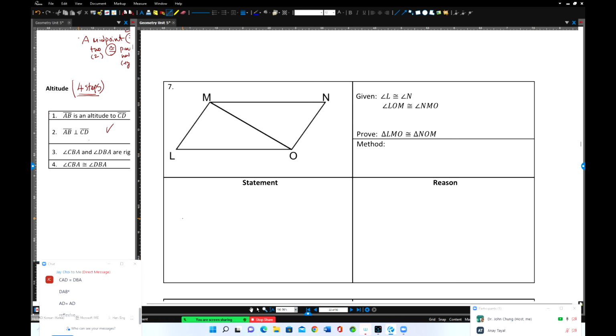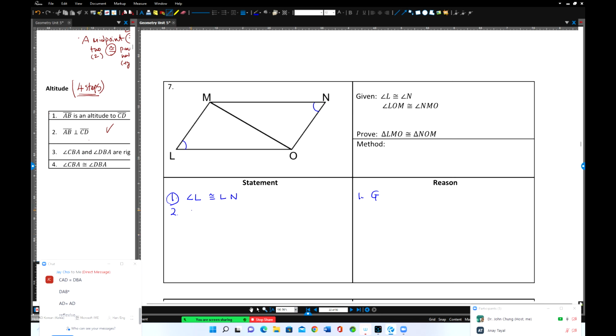Number 7 there. You have two triangles. They are adjacent along the line MO. Angle N, angle L, angle N, congruent. One angle, so I'm going to write it down. One angle already.